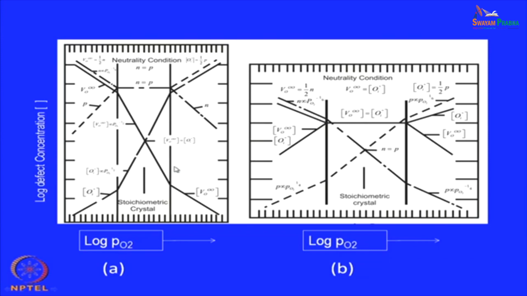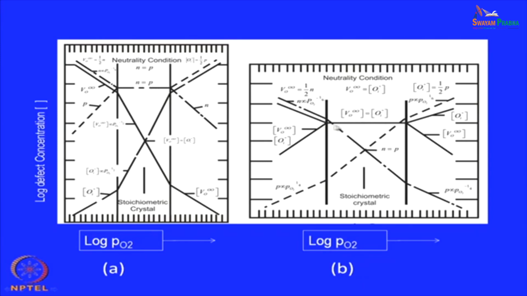Whatever oxide you take, you will get this kind of variation, and at very low PO2 it will be an electronic conductor, at very high PO2 it will be a p type conductor, a hole conductor, and there will be an intermediate region where it will be either an intrinsic conductor, that means N equal to P, which in semiconductor terminology we call intrinsic conductivity, or a completely ionic conductor.